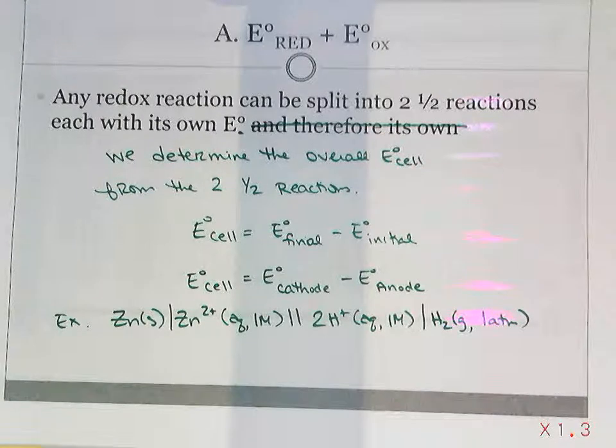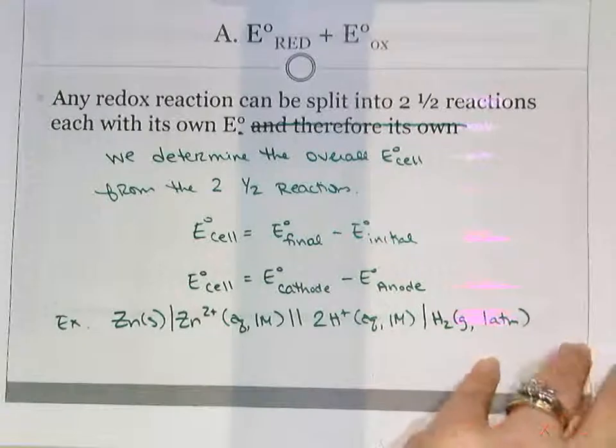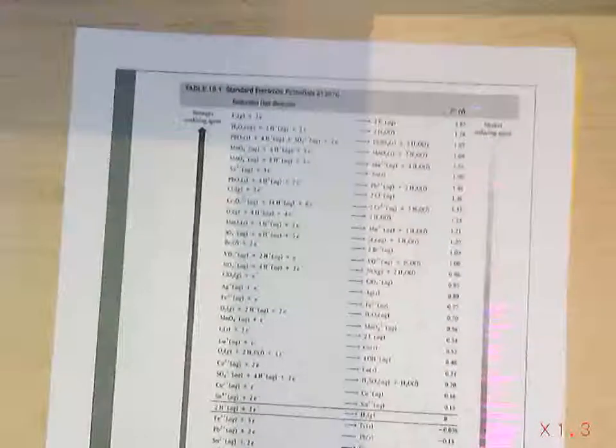You will need to use the table in your book to find the standard state cell potentials. I gave you one in your PowerPoints, but it's the same one that's in your textbook, because it's really tiny to see on here.